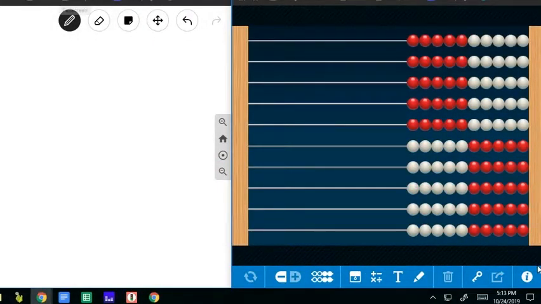So if I were to do 4 times 6, we're saying that 4 is a double of 2. So that means I have 2 plus 2. 4 times 6 is going to be 2 times 6 plus 2 times 6 again.